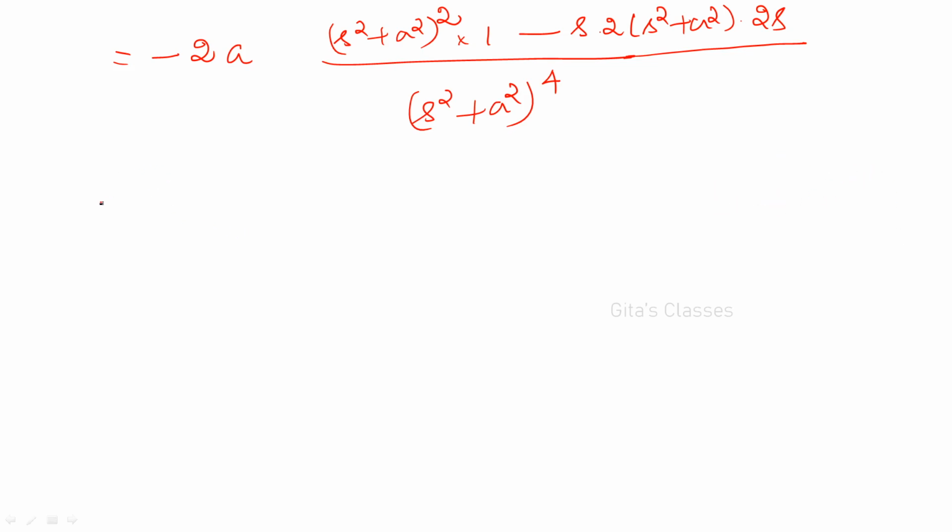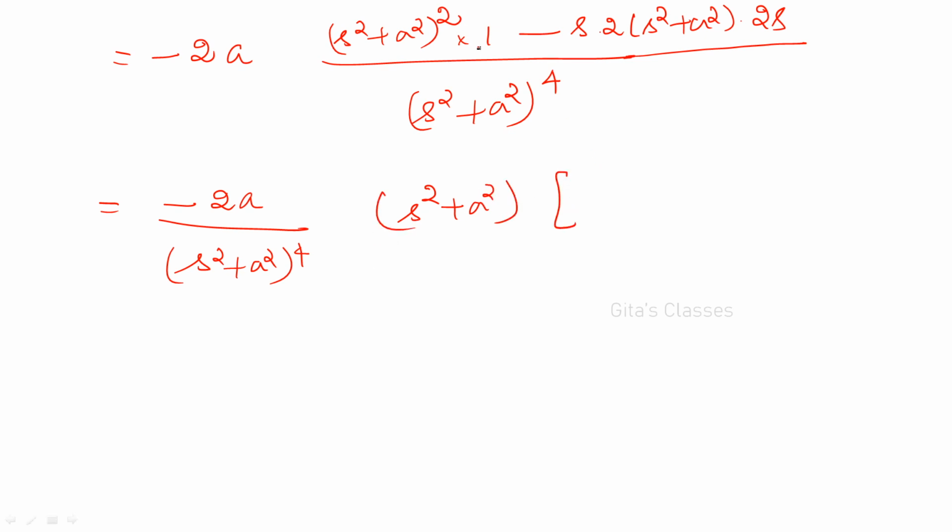Got it? So this is equal to minus 2a by s squared plus a squared the whole power 4 into, numerator, in the first term I have s squared plus a squared the whole squared. Next term I have one more s squared plus a squared. So I can take that s squared plus a squared outside, into, here s squared plus a squared, 1 s squared plus a squared is there. Minus, here 2 into 2, 4 s squared. Right?